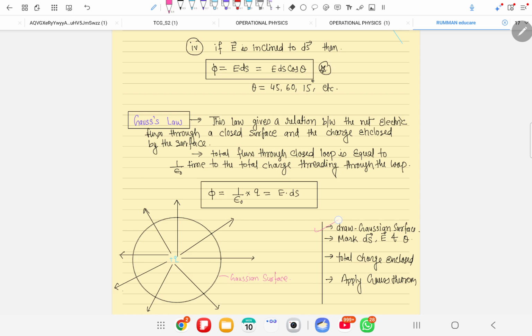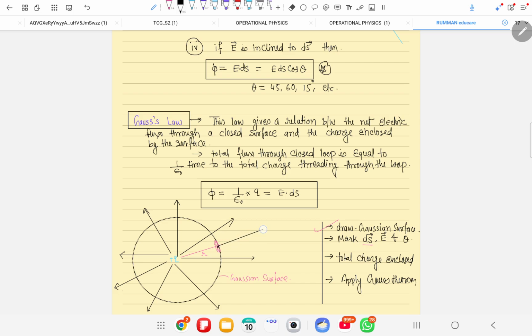First we need to draw the Gaussian surface. The radial length of this Gaussian surface is supposed to be r. Now mark the ds vector. Suppose we have an elemental region ds at the surface of this spherical region, and this ds vector is an area vector, which is always perpendicular to the surface.